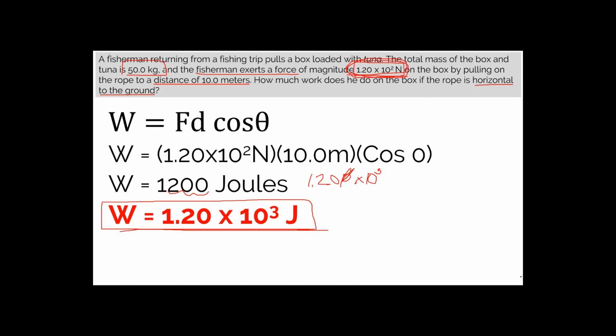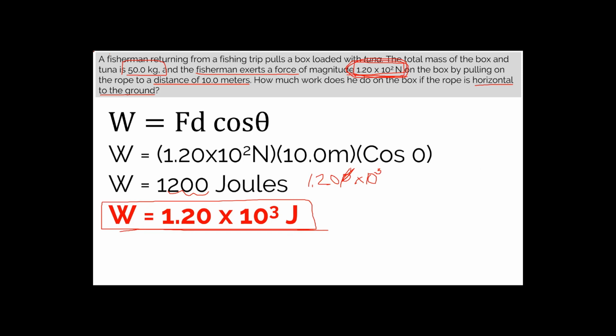If you cannot express your answer in the number of significant figures required, then you can express it in scientific notation. But if you can, then you do not need to convert to scientific notation. In this case, we cannot express 1,200 in 3 significant figures, so that's why we convert this to scientific notation.